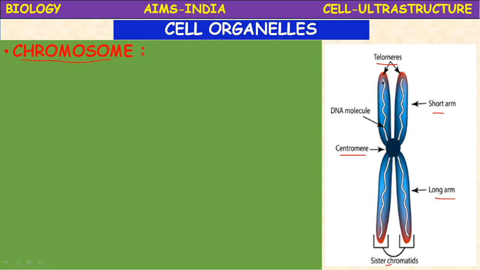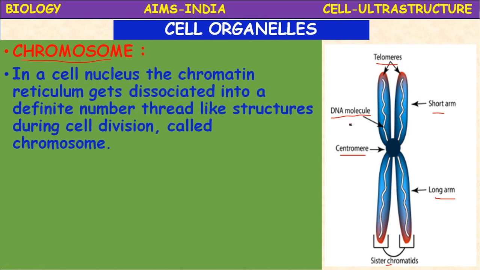And only on the chromosome, genetic material is present in the form of DNA molecules. This DNA molecule represents the genes. Genes are called the units of heredity. So let us discuss a chromosome.